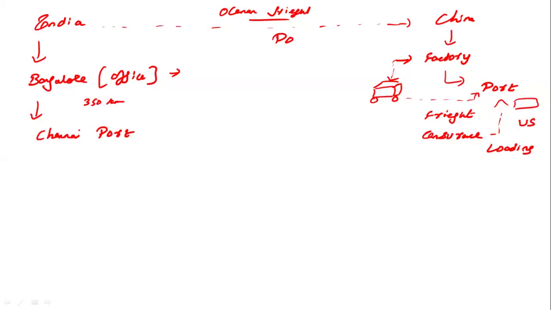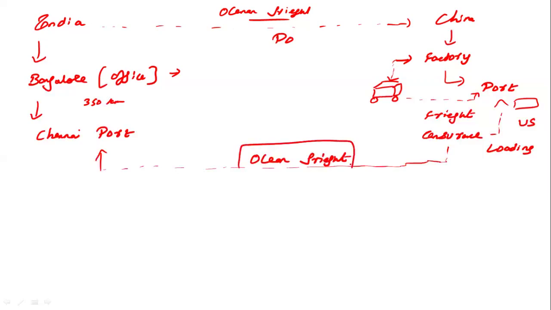After the loading happens, the ship travels to the Chennai port. When the ship travels to the Chennai port, you need to pay the ocean freight. So here, you have the freight from factory to port, you have insurance, you have loading charges, and you have the ocean freight.